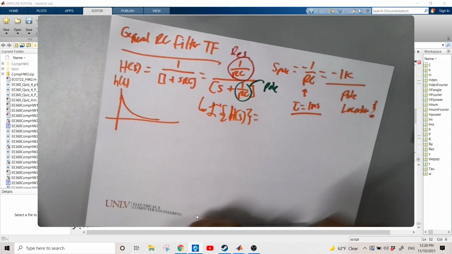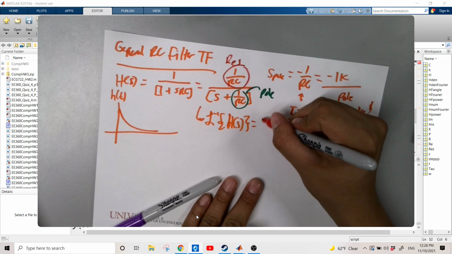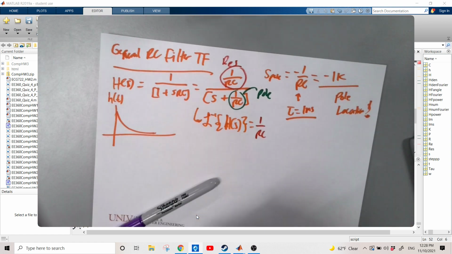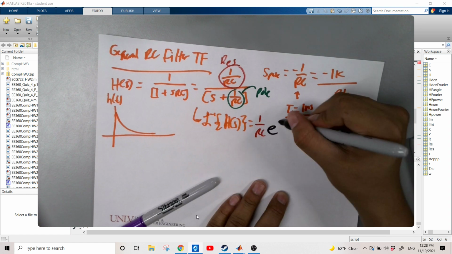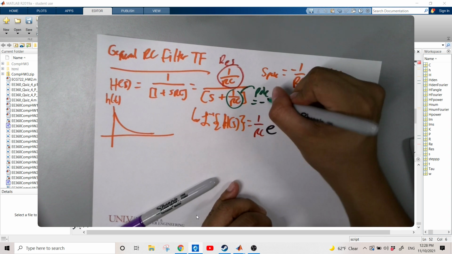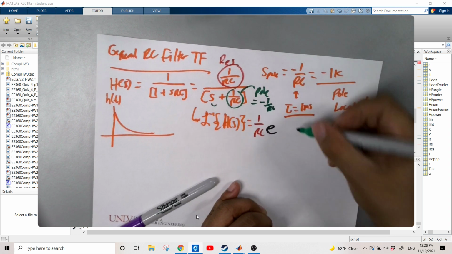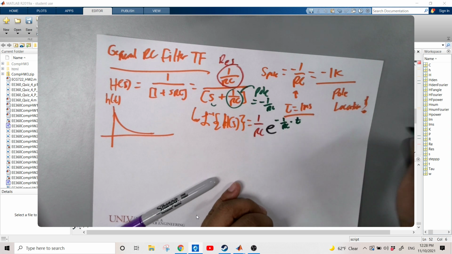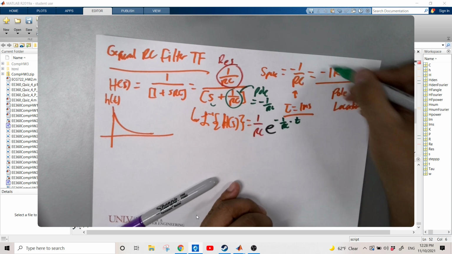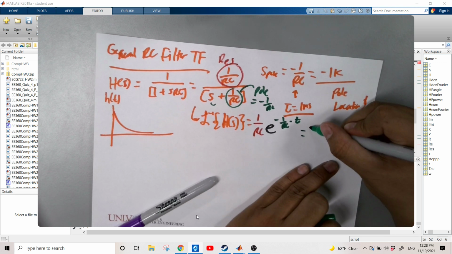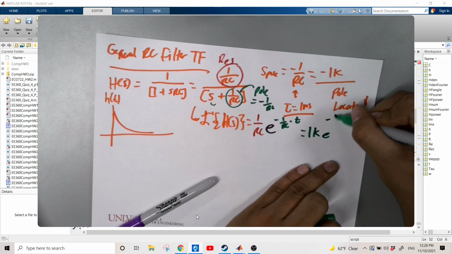So what you're going to do is 1 over RC, and then let's use a black marker, e to the, our pole is equal to minus 1 over RC, because that's how you make this go to infinity. The minus 1 over RC times t. But remember, this 1 over RC is equal to 1k. Therefore, we got 1k e to the minus t over 1 millisecond.